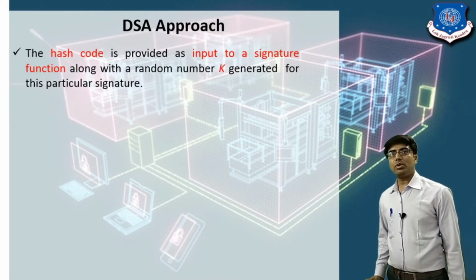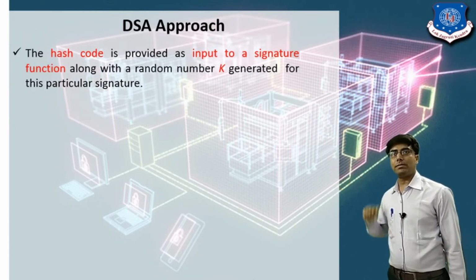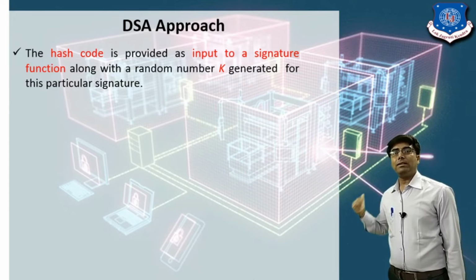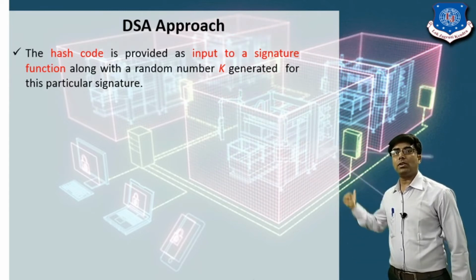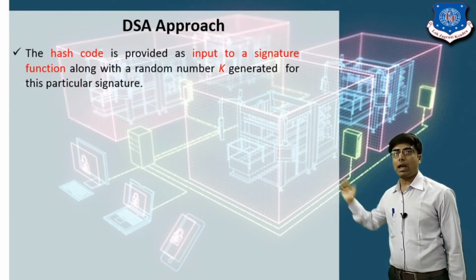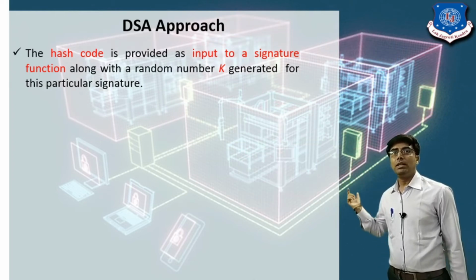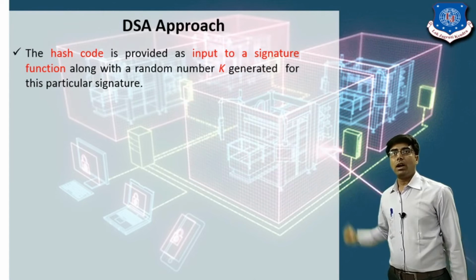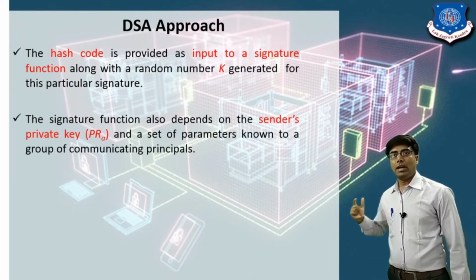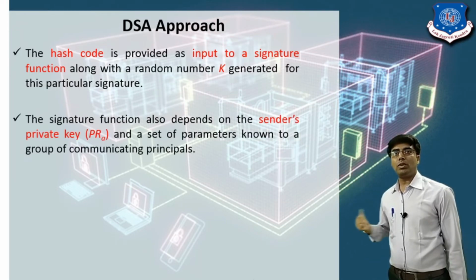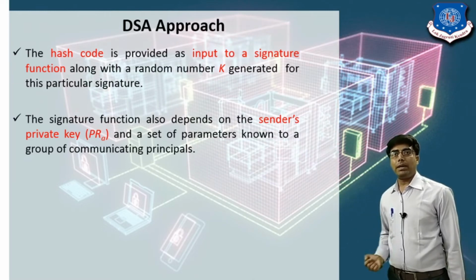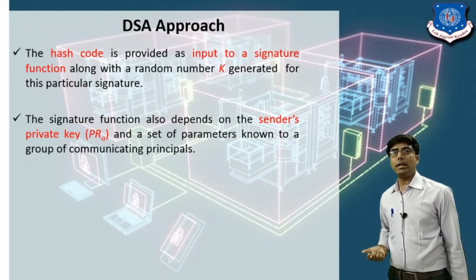In the DSA approach, again we are considering the message, applying the hash function on the message, and it generates a hash code. Now the hash code is provided as input to the signature function along with a random number k generated for the particular signature. The signature function also depends on the sender's private key and a set of parameters known as a group of communicating principals.